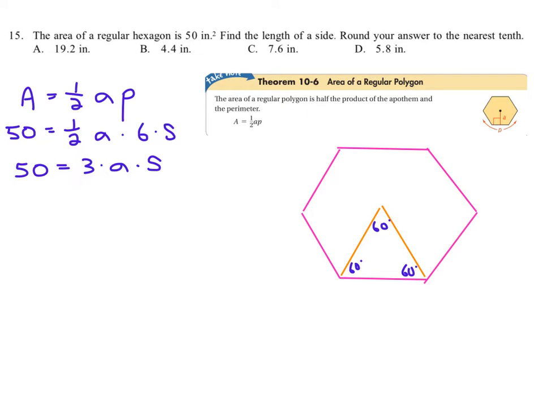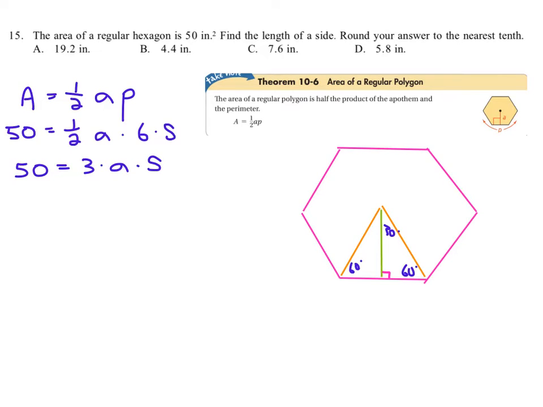Now, in order to calculate this, we need to find the apothem. So what we need to find is this length right here in green. And when we do that, you hopefully can see that that 60-degree angle that I just took away there is replaced by 30-degree angles, right? And of course, the apothem forms a right triangle down there.